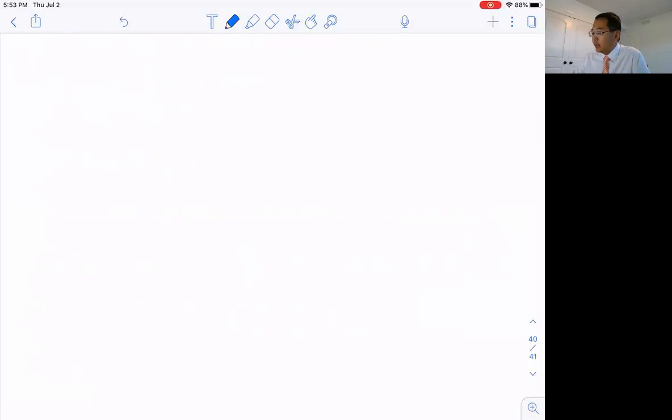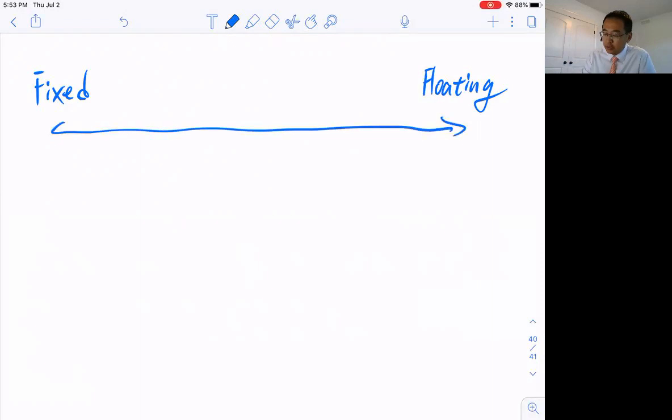In the two far ends of the spectrum, you have fixed exchange rate, and then over here you have floating, or flexible exchange rate, and this is the whole regime. And then in the middle you have managed float, or a crawling peg.